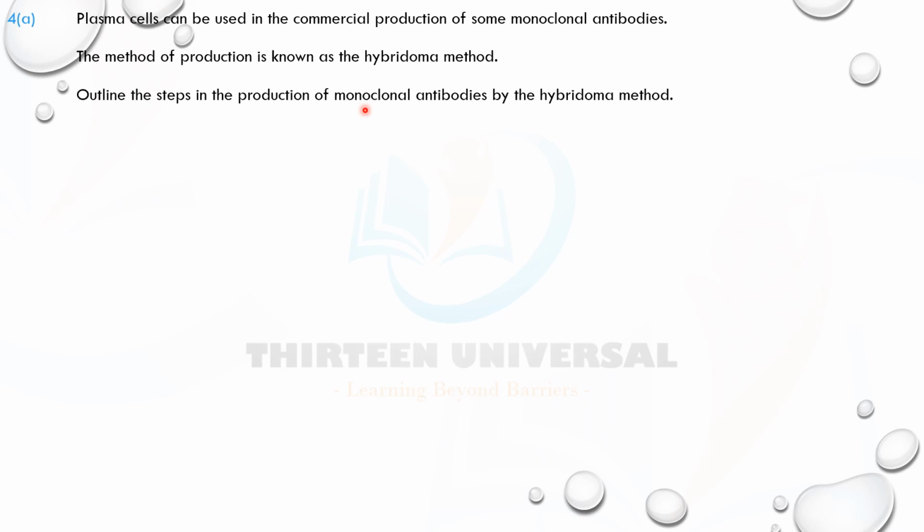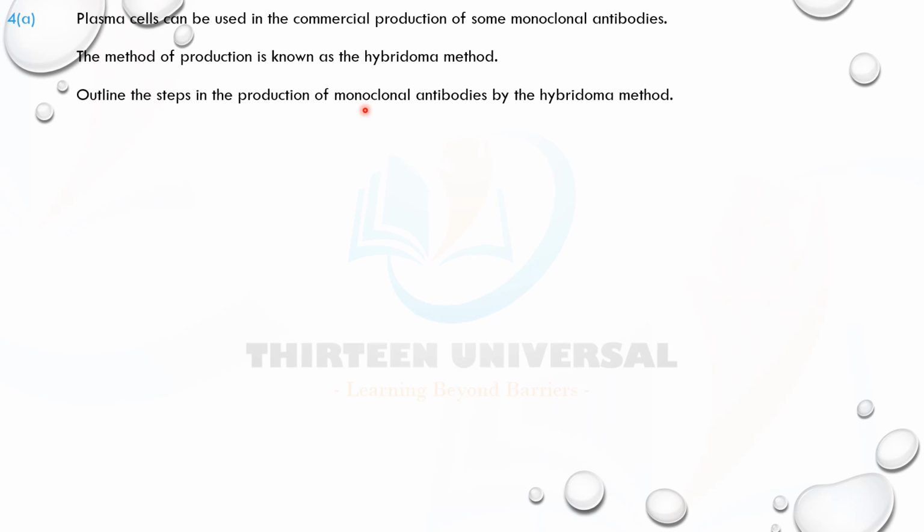Then the plasma cell is fused with a cancerous cell like myeloma, using a chemical called fusogen, to form hybridoma. The hybridoma is screened. How do you screen it? Put it inside the well and introduce the antigen.